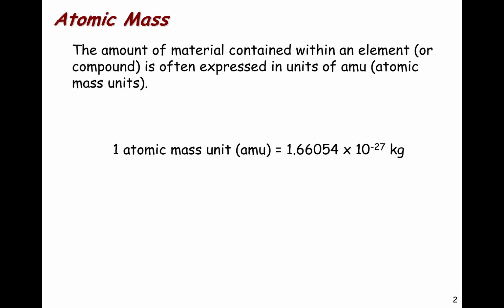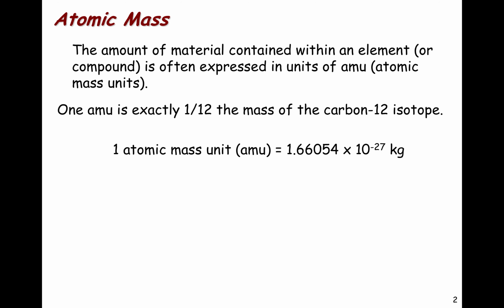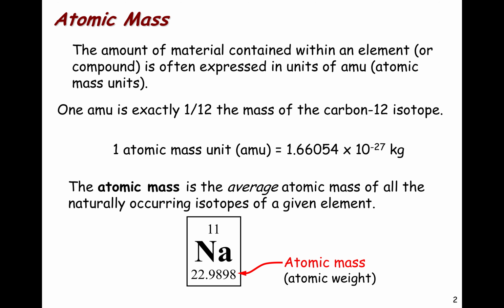So if we look on the periodic table, we can find some information inside of each of the boxes for each of the elements. We have the atomic symbol, in this case for sodium. Sodium is element number 11, so the atomic number is 11. There are 11 protons in the nucleus.